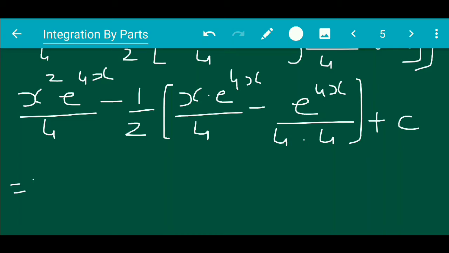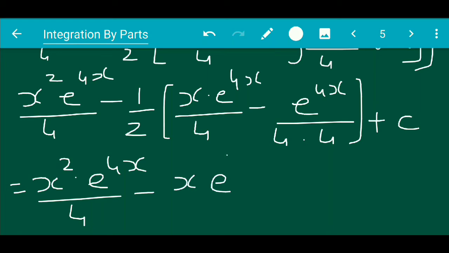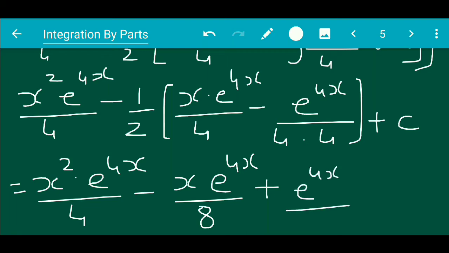So here, upon opening the bracket and multiplying with half, we get x e raised to 4x upon 8 minus and minus becomes plus e raised to 4x upon 4 4s are 16 and 16 2s are 32 plus c.